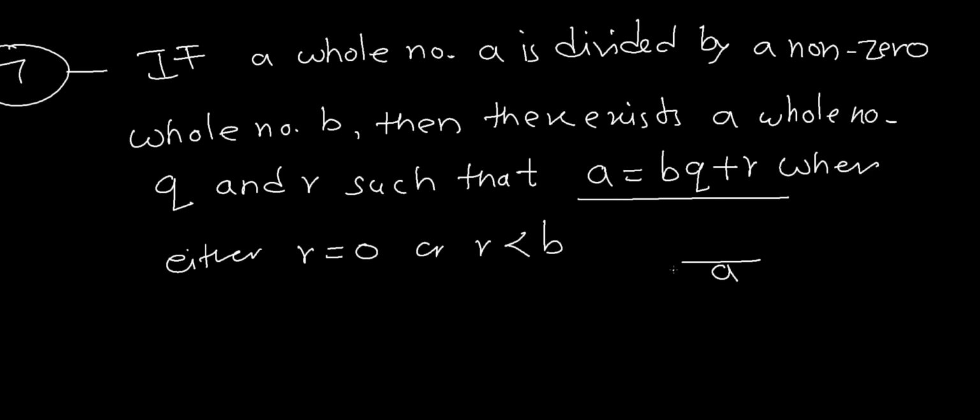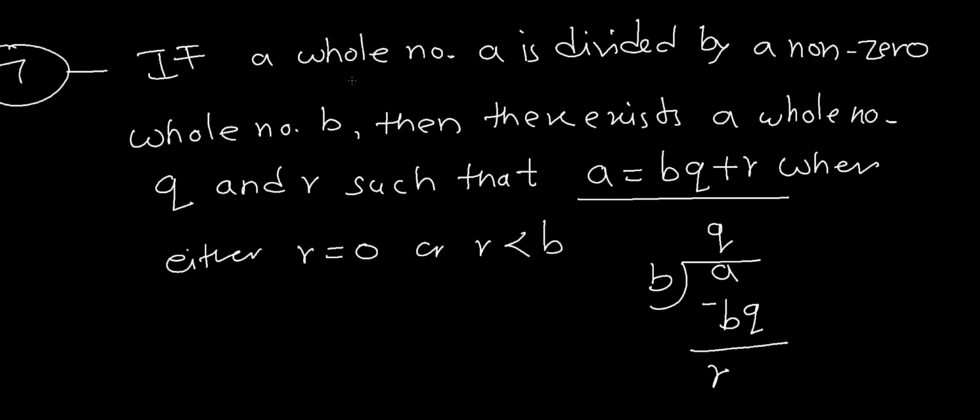A is going to be divided by B, then we will have a quotient Q. Then A minus B into Q comes to R. So this is a property.